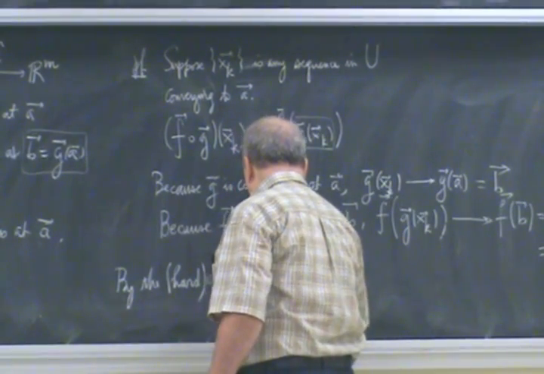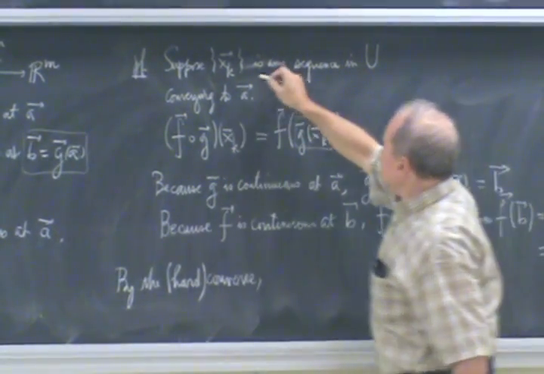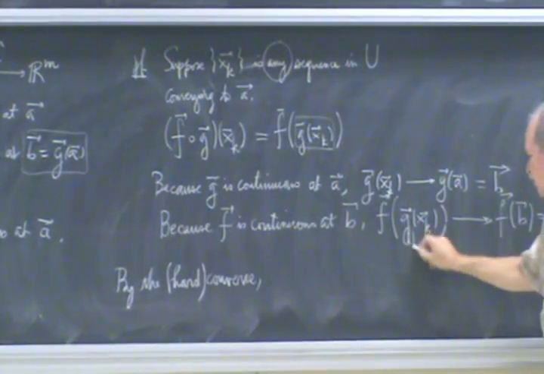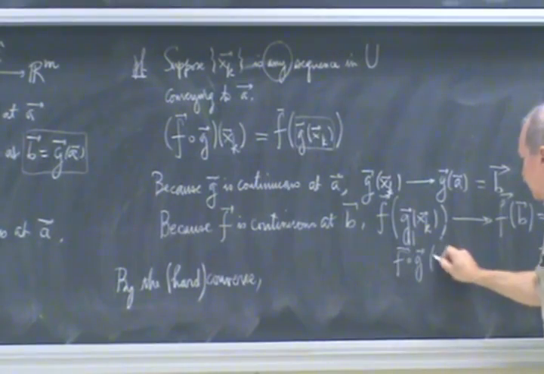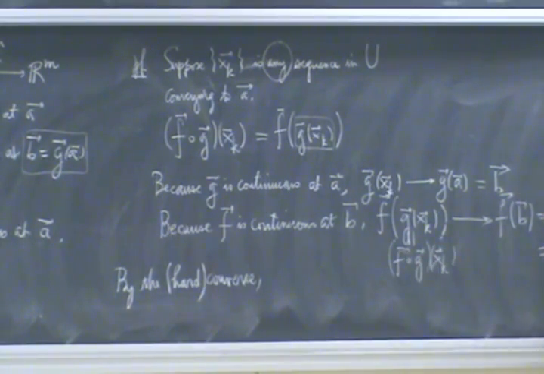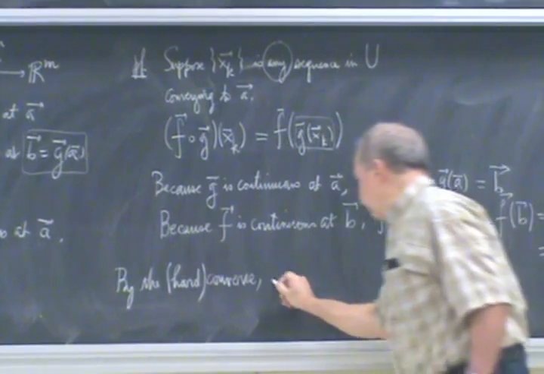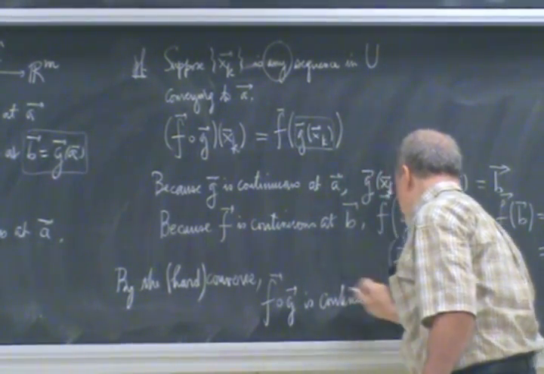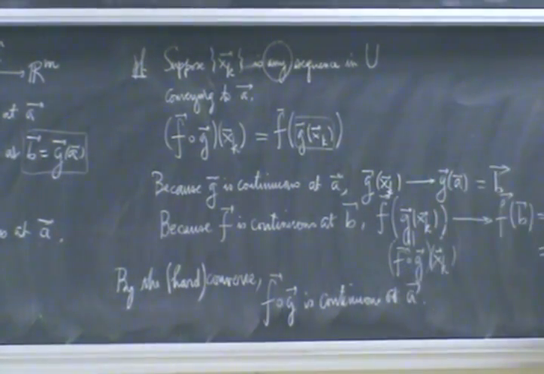It follows, because for any sequence x_k converging to A, we know that f∘g of x_k converges to f∘g of A, f∘g is continuous at A. So if you knew that g and f were continuous on their domains, and the domains fit together properly, yeah, you have compositions continuous.